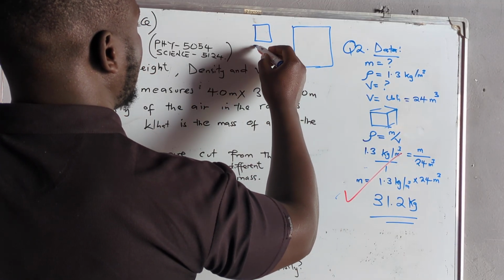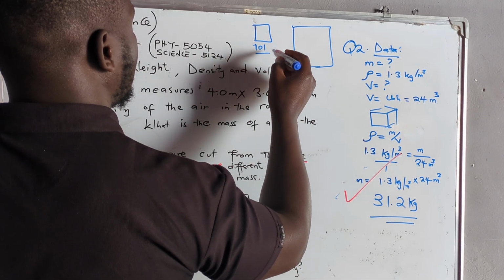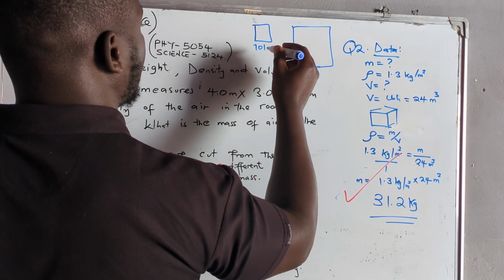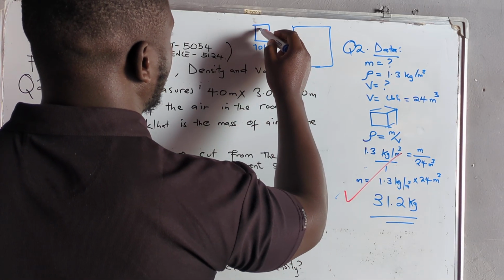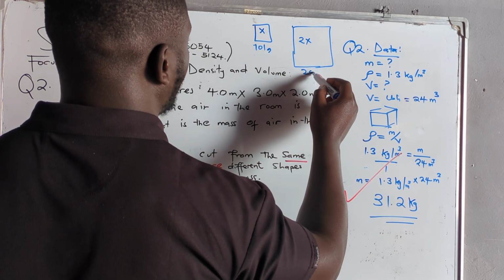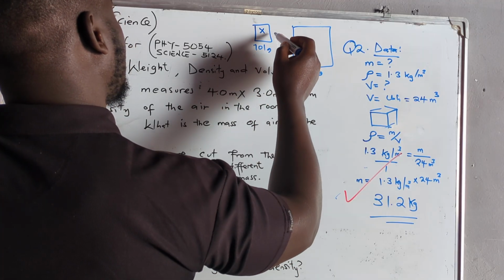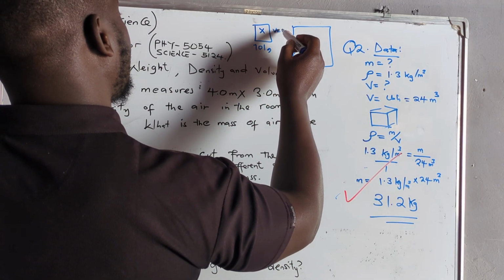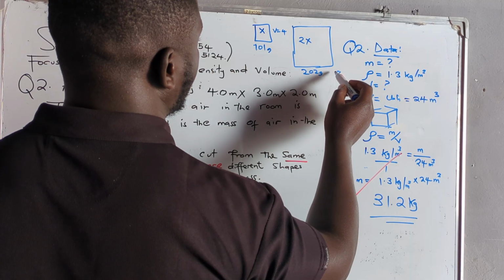So say this one is the same material but of a different size, of course. So this can be 1 over, as this is the mass, of course. This one is double this one, so if this is x, then this is 2x. So if the volume of this one is 4, the volume of this one is 8.